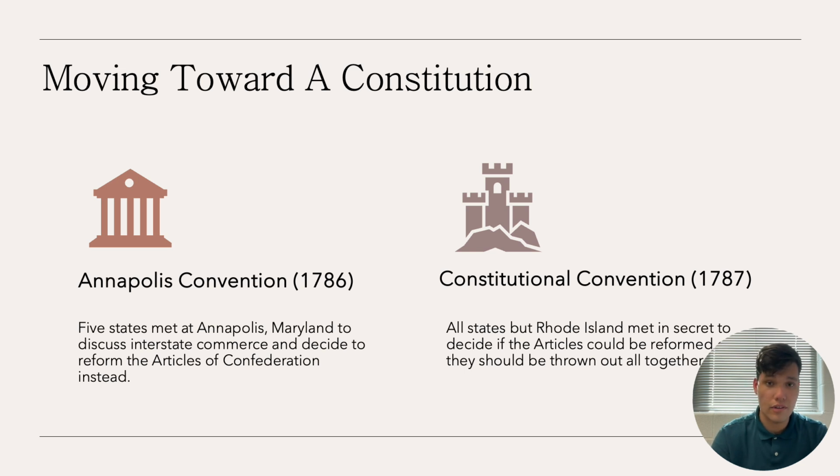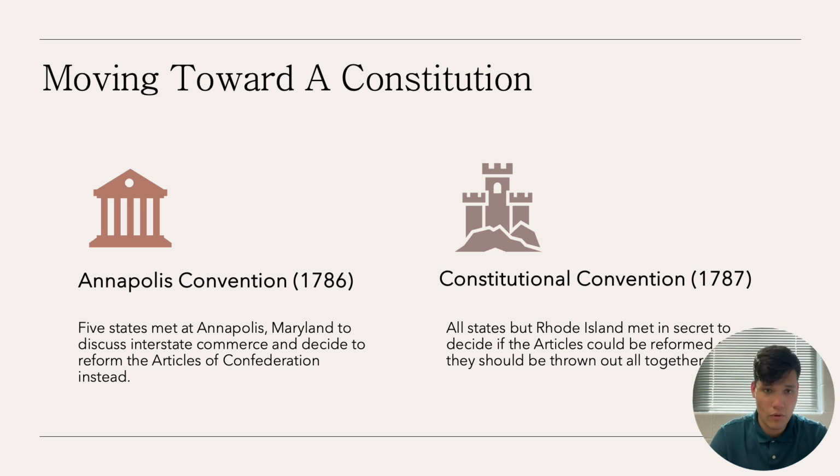The failure of the Articles of Confederation prompts steps towards a stronger government. At the Annapolis Convention in 1786, five states met to discuss interstate commerce, and they agreed that reforming the Articles was necessary. In 1787, at the Constitutional Convention, delegates from all states except Rhode Island decided to reform the Articles or replace them entirely.